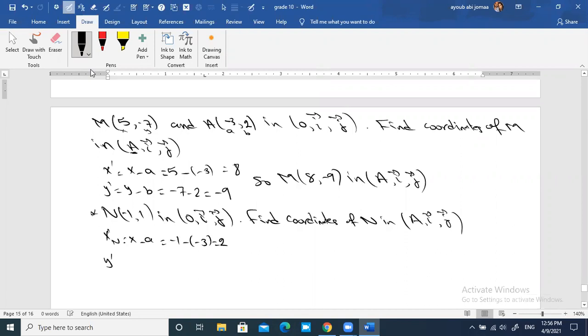And y prime of n, the new coordinates of n in the new system, will be equal to y minus b, which is equal to 1 minus 2, which is -1. So n will have the coordinates 2, -1 in the system O prime, sorry, A, I, J.